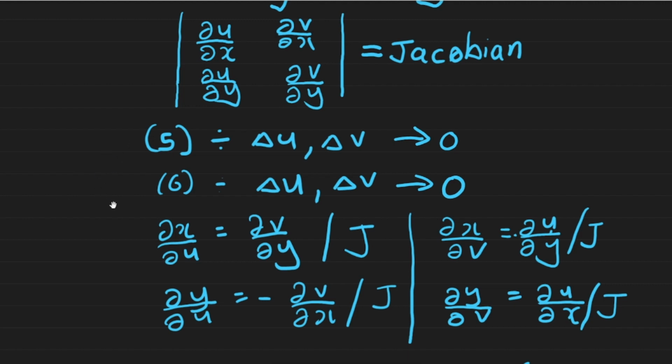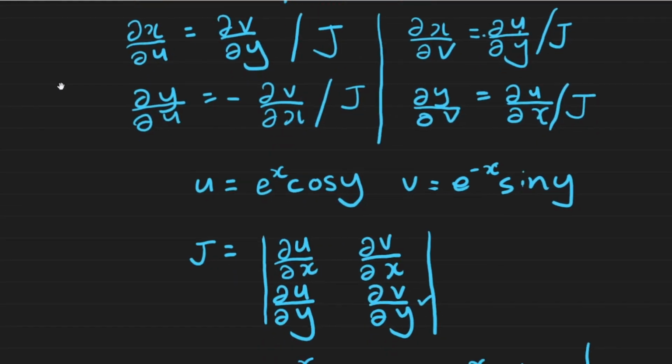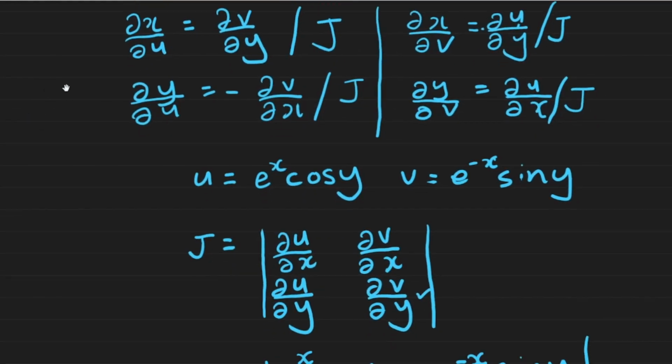So anyway, once we divide delta x, delta y by delta u and delta v, and set all the limits to 0, we end up with these 4 very important relations, which is actually the mechanism by which we determine the inverses. For example, dx du, which is what we had wanted all along, is simply equal to dv dy, which is something we can easily determine, divided by the Jacobian.